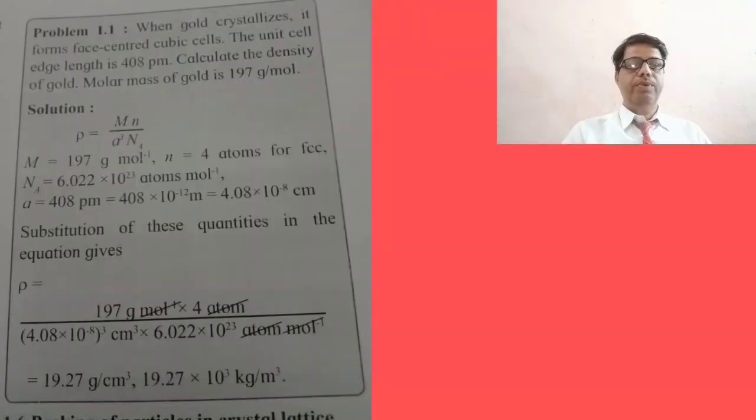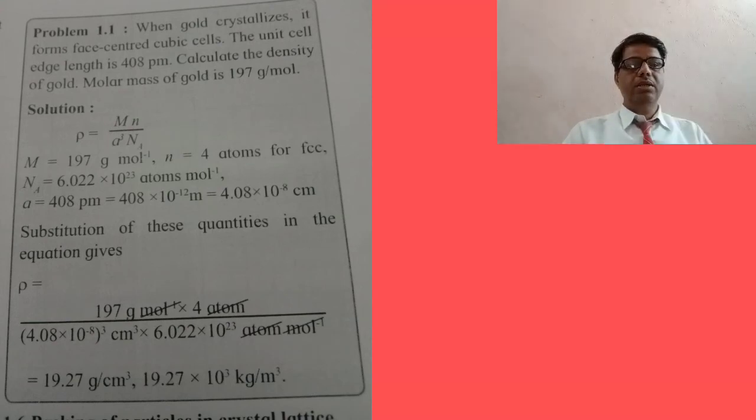Now student, there is one problem based on this relationship. That is problem number 1.1. See, when gold crystallizes, it forms face-centered cubic cells, that is the FCC structure.